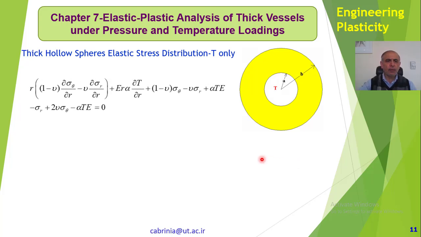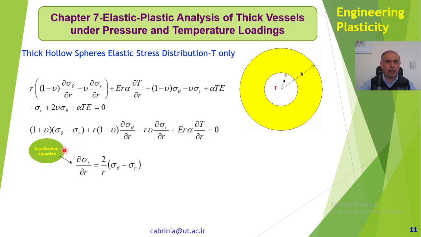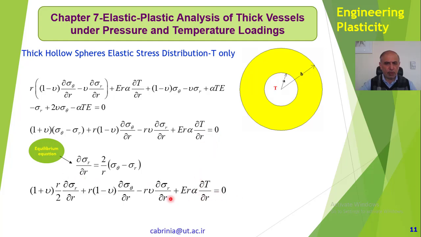So we bring the other terms over here and put the total equal to 0, and we can simplify this relationship, simplified to that due to this, because sigma theta minus sigma r is equal to this.